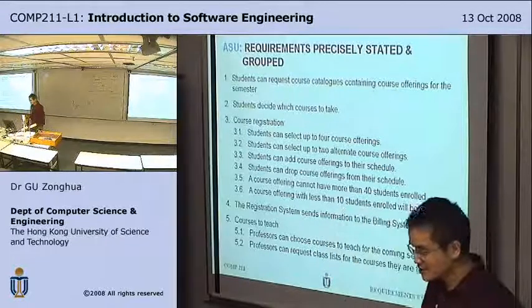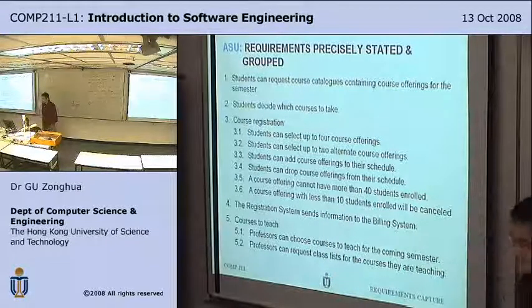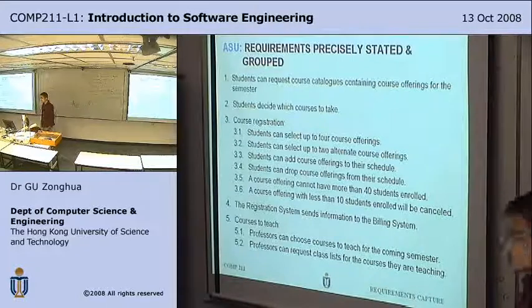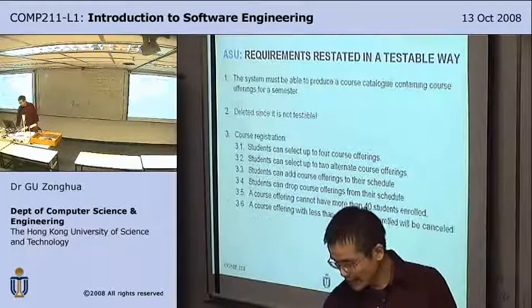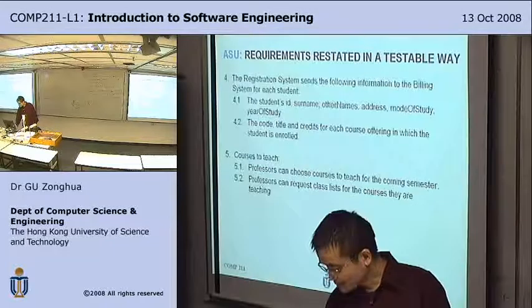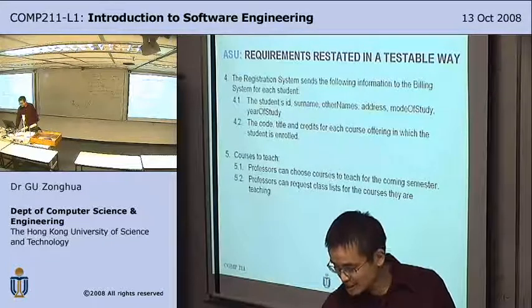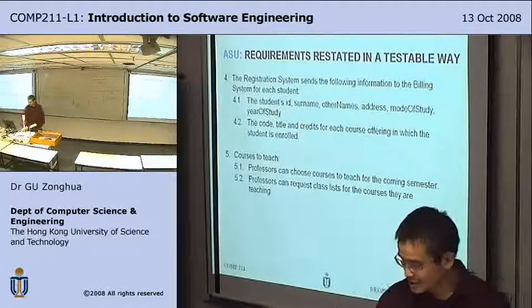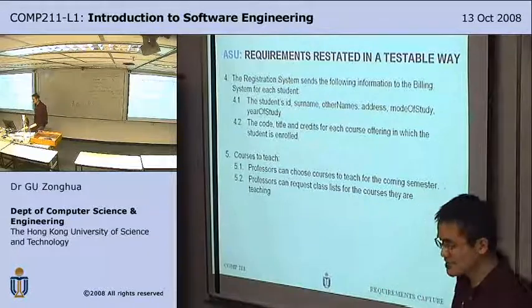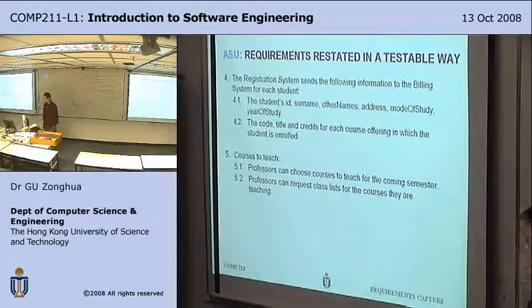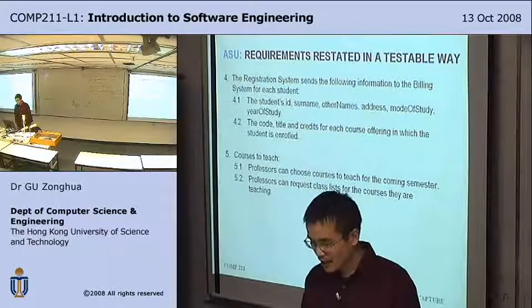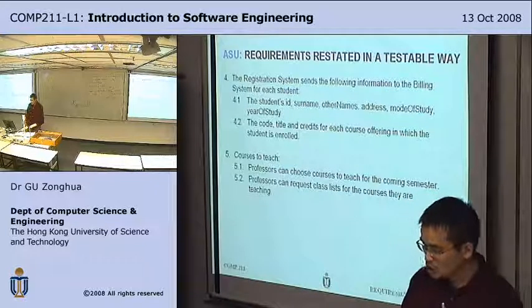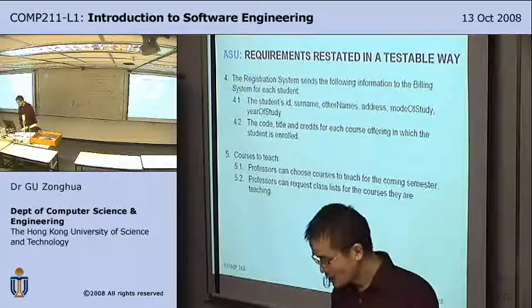Then step 4, the registration system sends information to the billing system. In a testable way, you say the registration system sends the following information to the billing system for each student, including student's ID, surname, other names, etc., the code, title, and credits.